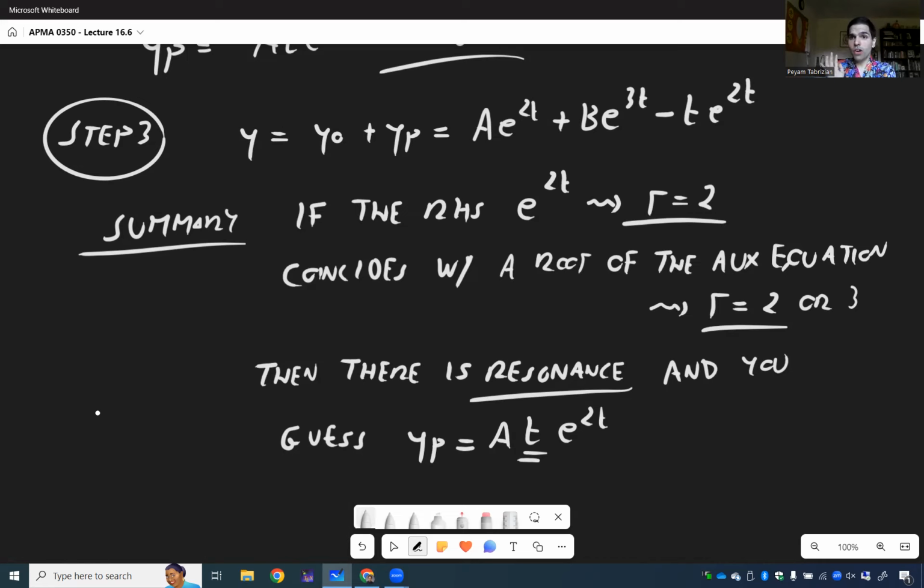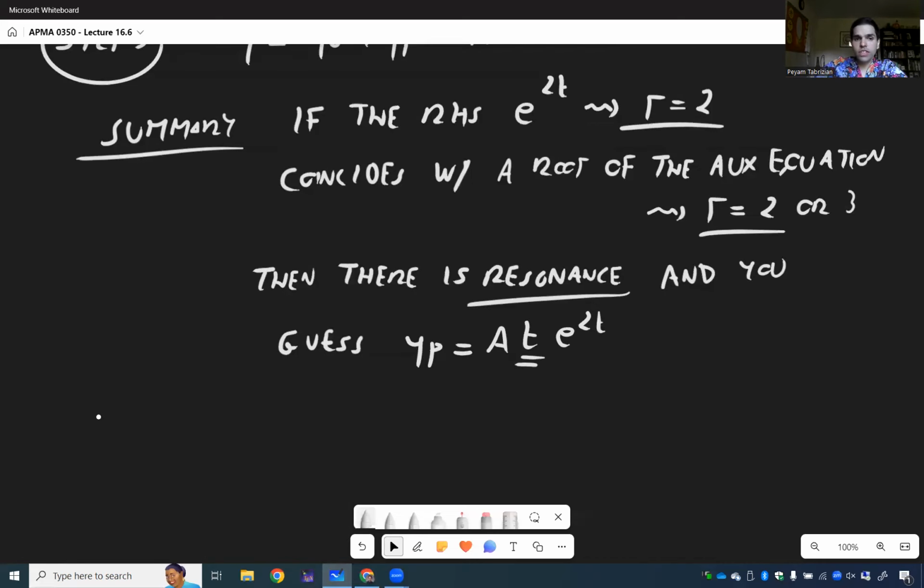Now, just two remarks about this. There is a cool application, which I'll do in the next lecture, because it turns out that resonance can actually make bridges collapse. So a very important application, actually.